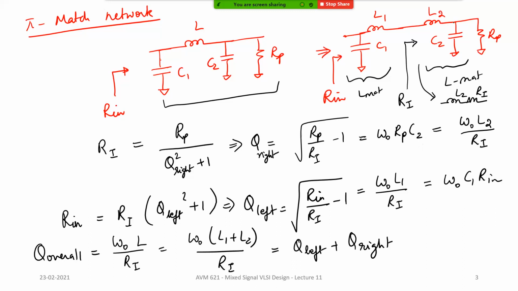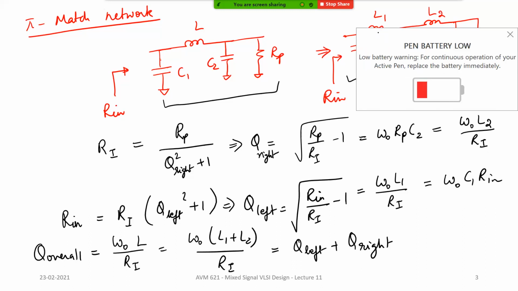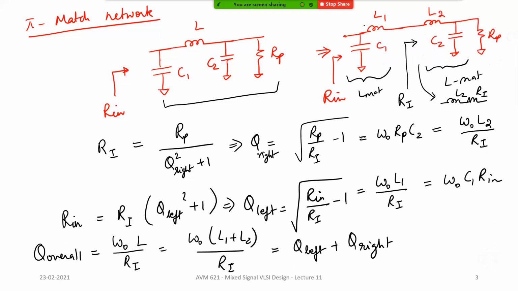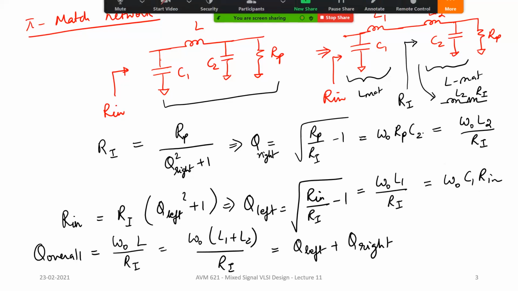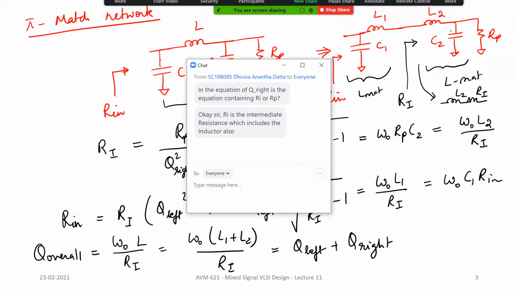It is L2 in series with Ri, so it becomes omega naught L2 by Ri. In the same way, the series resistance seen by L1 is Ri, so you have omega naught L1 by Ri, whereas the shunt resistance seen by C1 is basically Rin. That is how we define it. I hope it is clear.